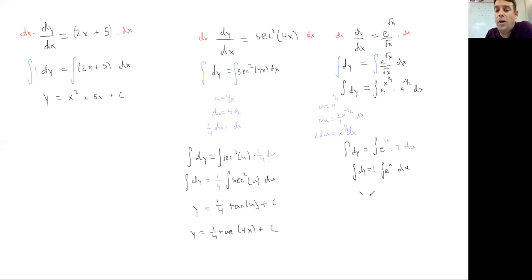So we end up with y equals 2e to the u plus c. And we substitute that back in there. So 2e to the x to the 1/2 plus c. Or another way to look at that is 2e to the root x plus c.